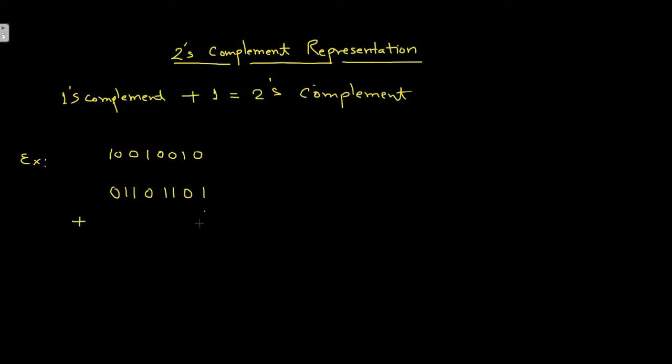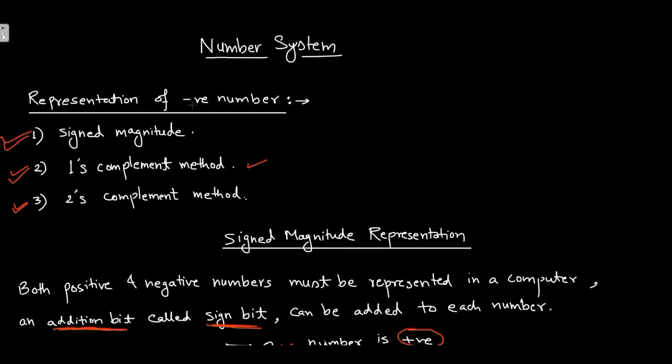It becomes 2's complement, 0 1 1 0 1 1 1 0. This is the 2's complement of that number. So this is the answer. So this is the representation of negative numbers: sign magnitude, 1's complement method and 2's complement method.